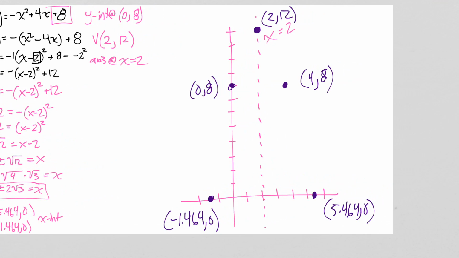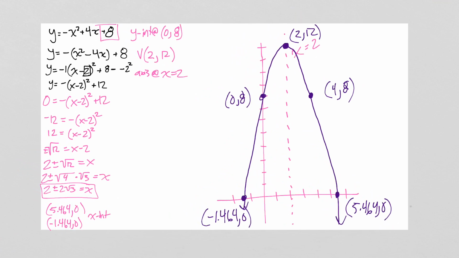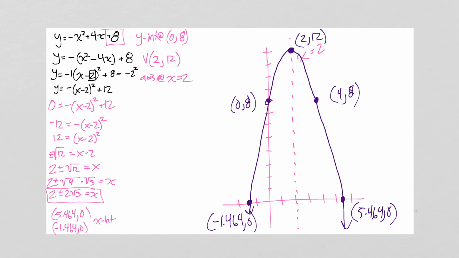And now we can sketch it in. And again, it should be a parabola. It should not be a V. It should be curving ever so slightly. It's hard to show, but you can show a little bit of a curve up there, and you should. So there you have it. One more to do.